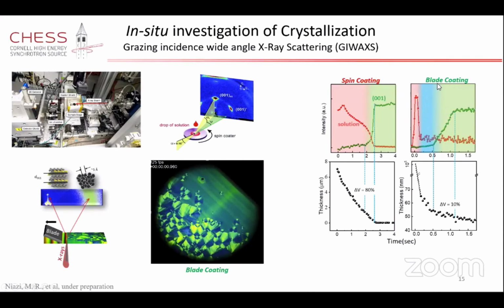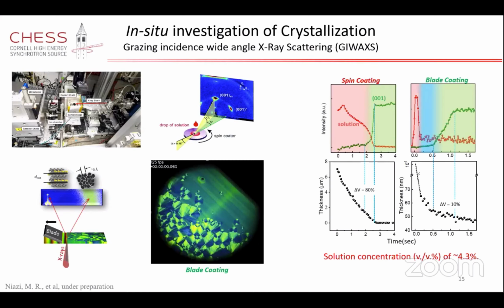While in case of blade coating, the solution signal first fades away, and after some time we observe the evolution or the onset of crystallization. And when we monitored the thickness evolution during these two experiments, we found that the concentration where onset of nucleation happens for the case of spin coating, or the conventional process, is very close to the solubility limit of this material at room temperature.